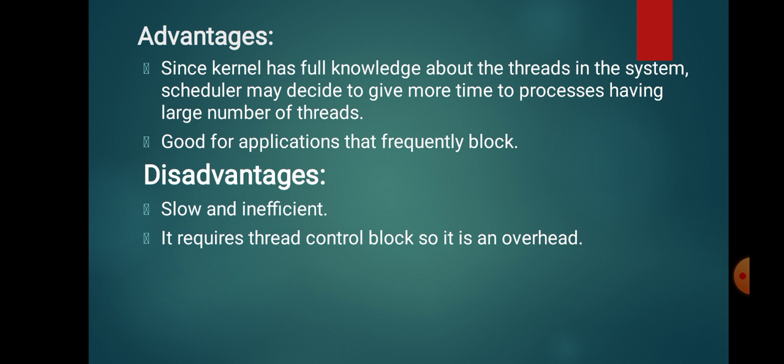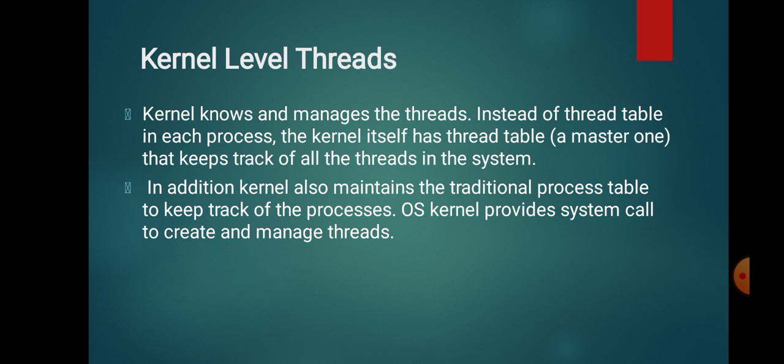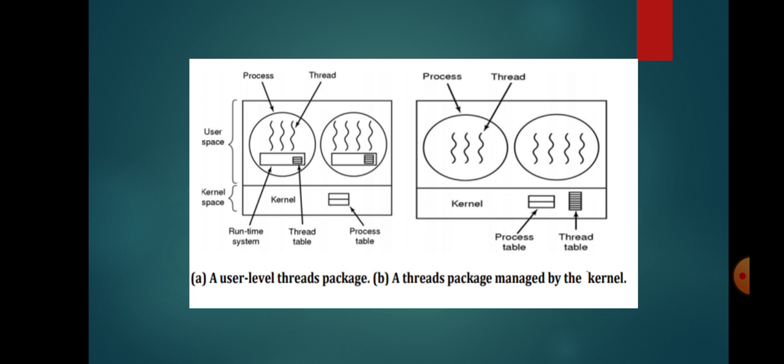Coming back to the kernel level diagram, on the right side we have the kernel level thread, and here the kernel knows everything about the threads. The process is there, the threads are there, and in the kernel we maintain the process table including a thread table.